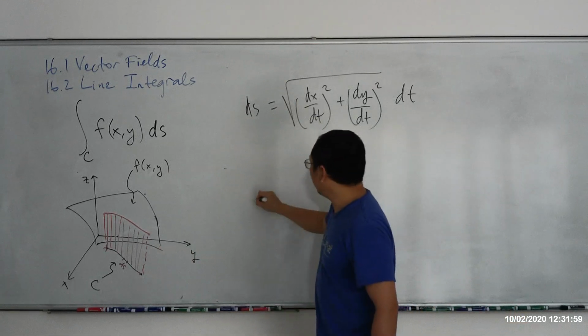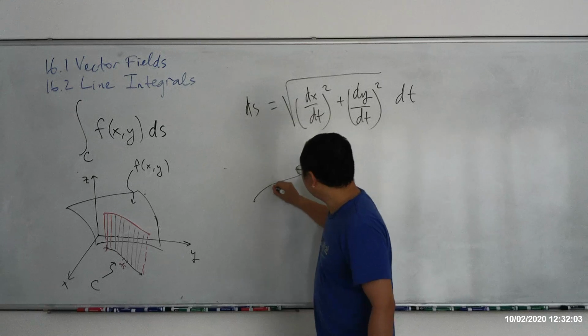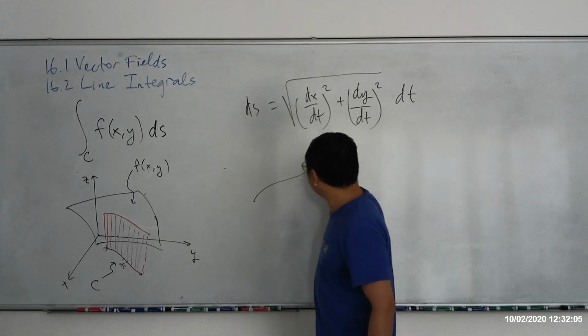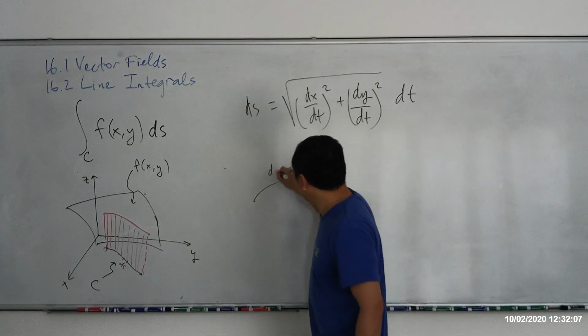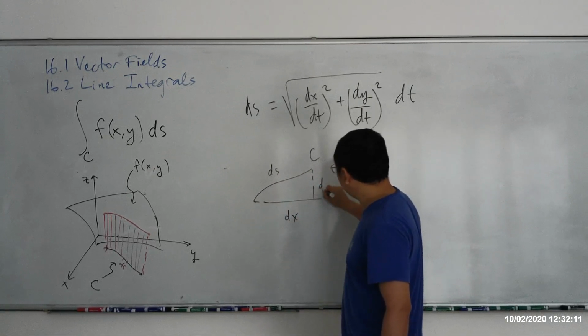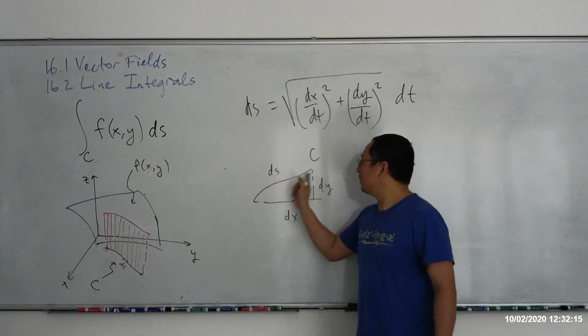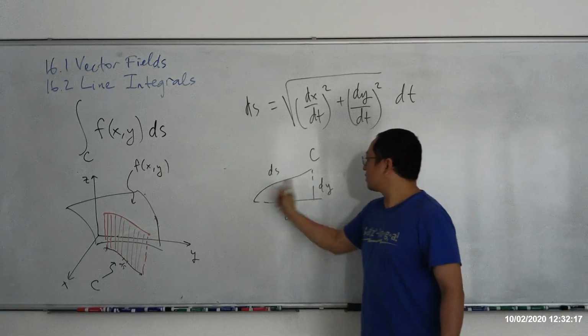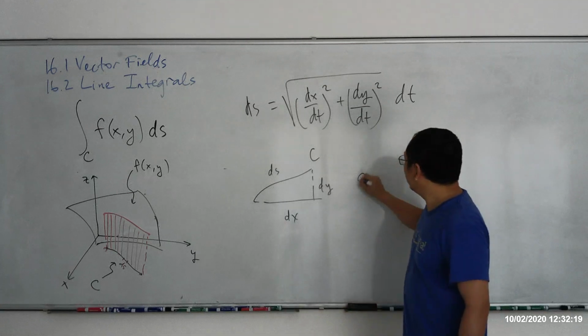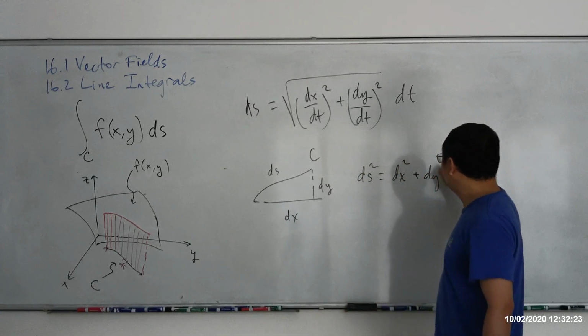And this comes from, let's say you have a curve, right? This is C, okay? And ds is a piece of the curve right here. If ds is that much, this is dx, change of x. This is dy, change of y, and since later on we take limits, we pretend that this is a straight one. By Pythagorean theorem, ds squared is equal to dx squared plus dy squared.